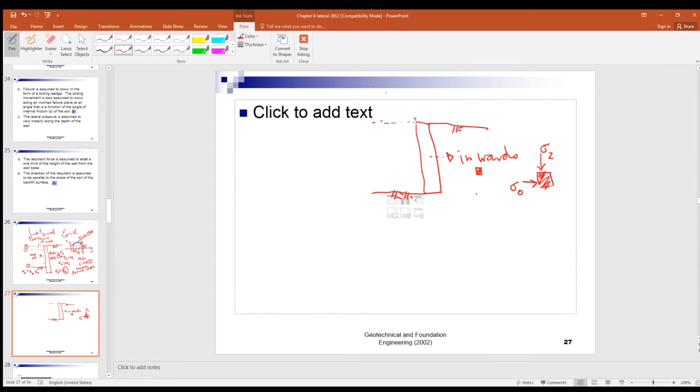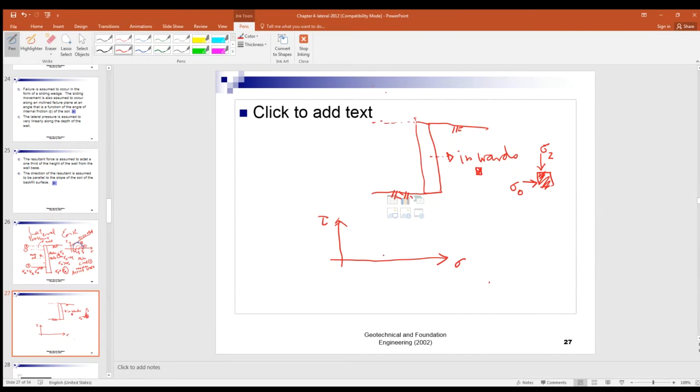Okay. Now, if you draw, that is the shear stress, and that is the normal stress, right?